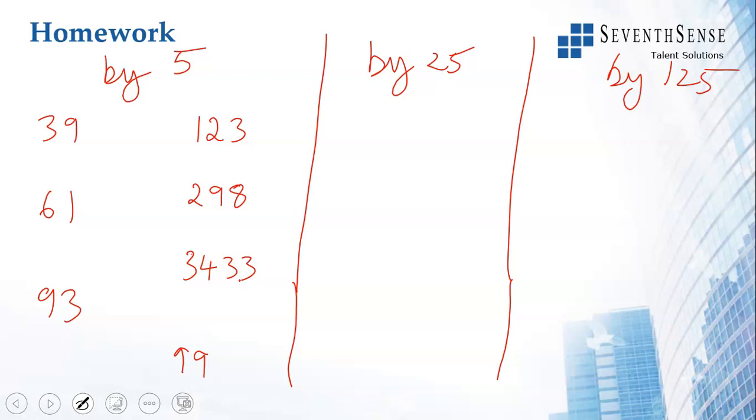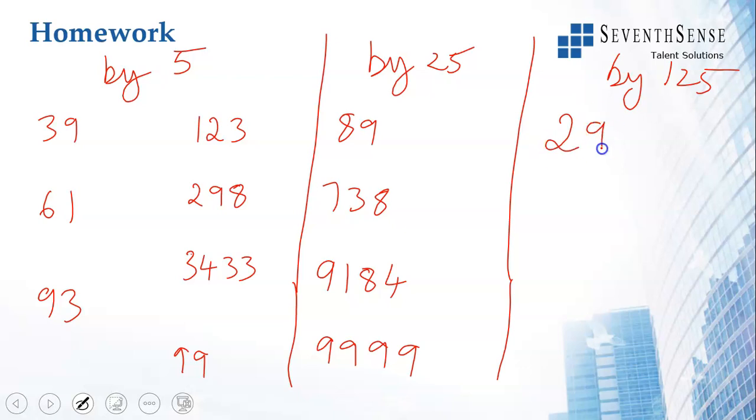You look at 89 into 25, 738, 9184, 9999. To multiply by 25, you take 29, 138, 493, 6262.